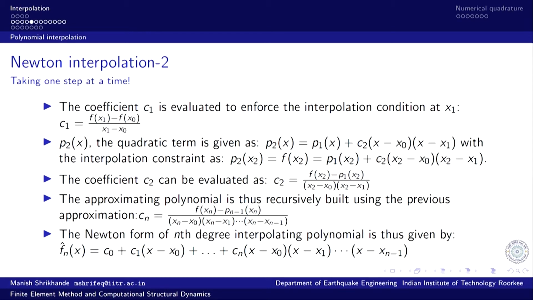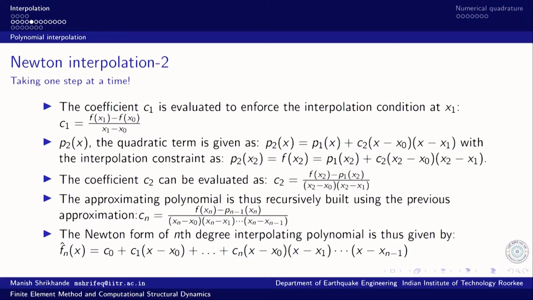For example, x minus x 0 is a common factor for all terms from the second term all the way to the n plus 1th term. Similarly, x minus x 1 is a common factor for all terms from the third term to the n plus 1th term, and so on.